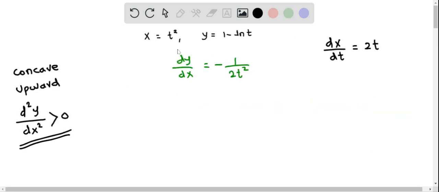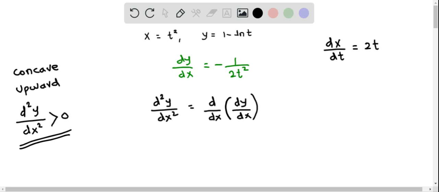We now find the second derivative of y. So we write d2y by dx squared, and this basically is the derivative of dy by dx. And since this dy by dx is basically a function of t, we write this as d by dt of dy by dx, and then applying the chain rule, we find the derivative with respect to x.